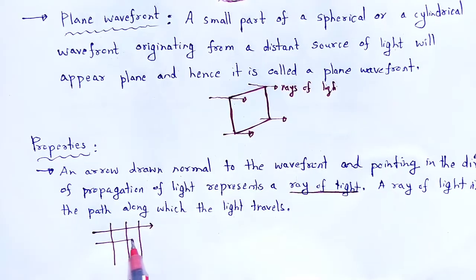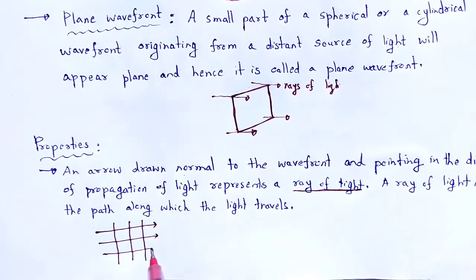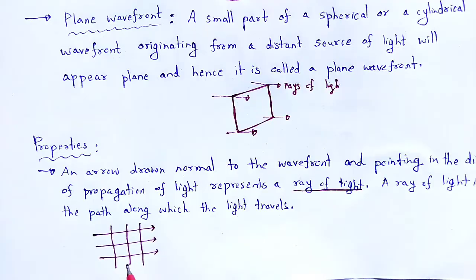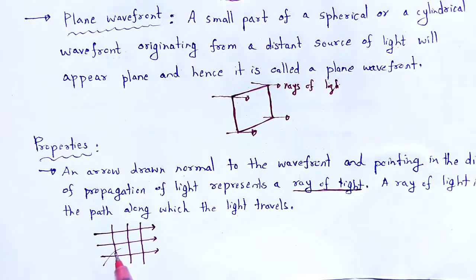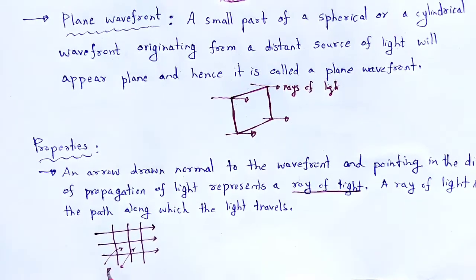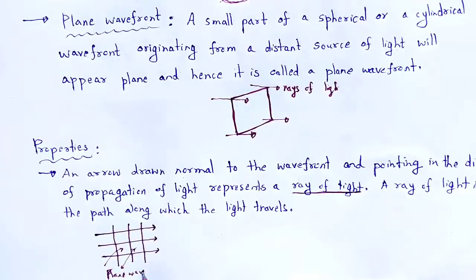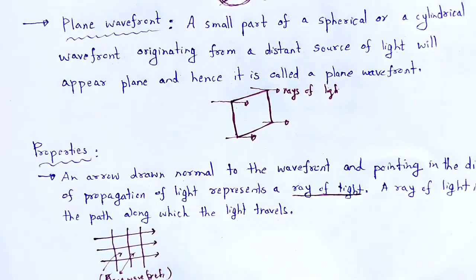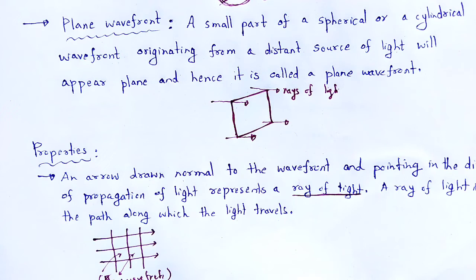In case of plane wavefronts, these are the plane wavefronts. These arrowheads represent the rays of light. These are the wavefronts of a parallel beam.